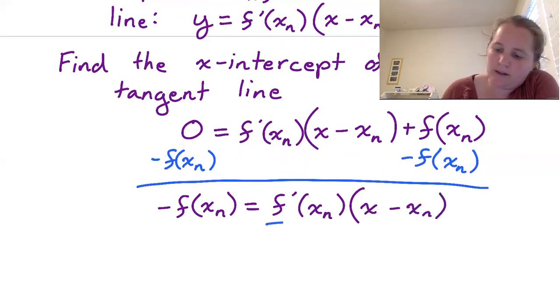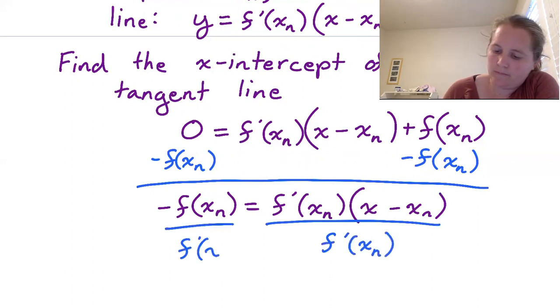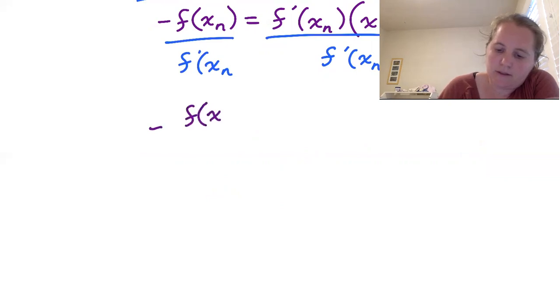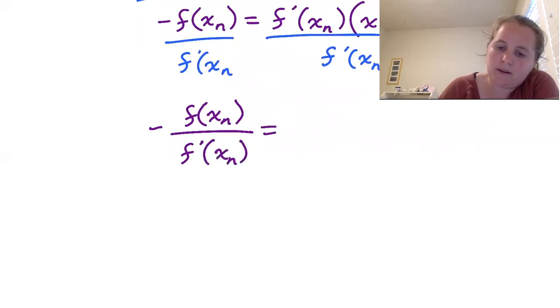Working our way in, we can divide by f prime of x sub n. We now have negative f of x sub n divided by f prime of x sub n equal to x minus x sub n. I just realized I lost a parenthesis previously.